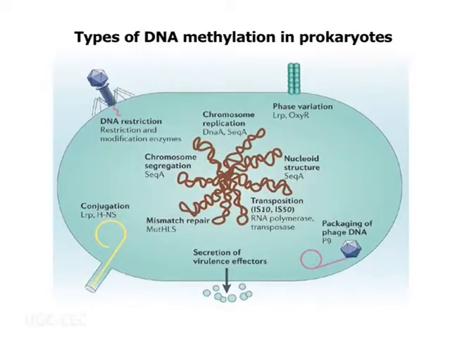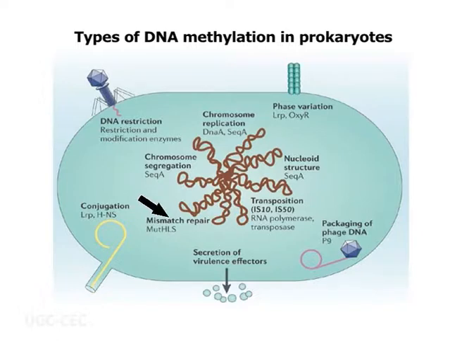Now let us first see why DNA methylation is absolutely essential in the prokaryotic system. With different kinds of research work, it has been found that DNA methylation is helpful in playing different physiological roles. It plays a very vital role during DNA replication, during sequestration of the nucleoid into the dividing cell.